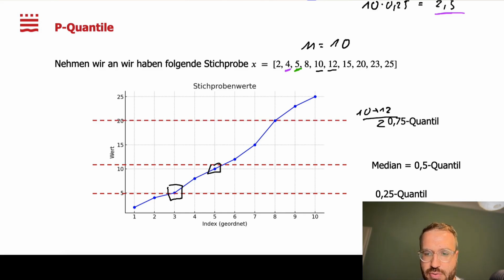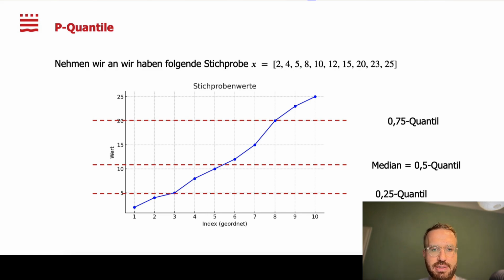So what did we do? We took 0.25, as we can see here again, and multiplied it by 10, so we took n times p, and then we rounded this value up to the third, and that is essentially the index that tells us what this p-quantile is. And now we want to take a quick look at this as a formula.